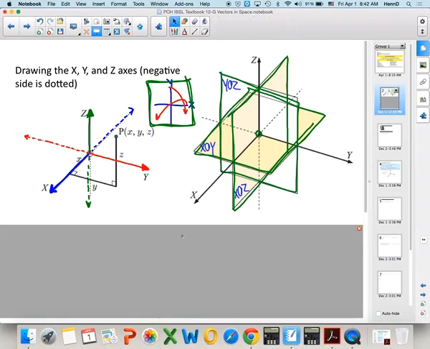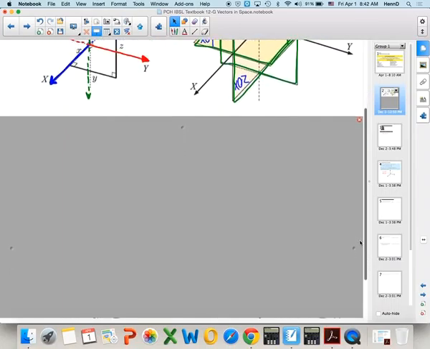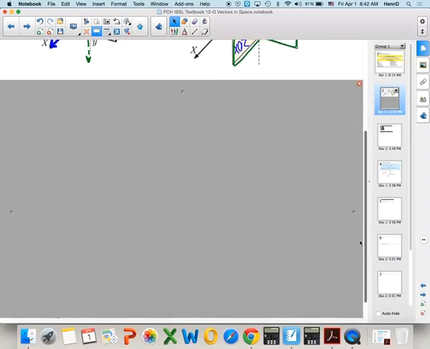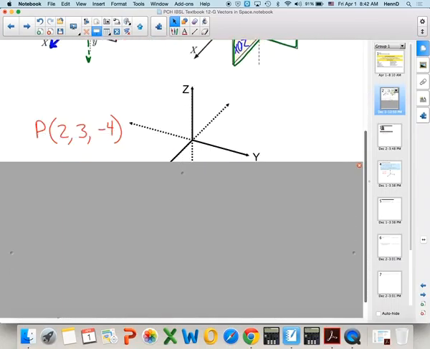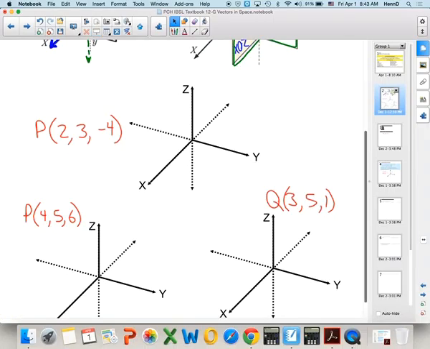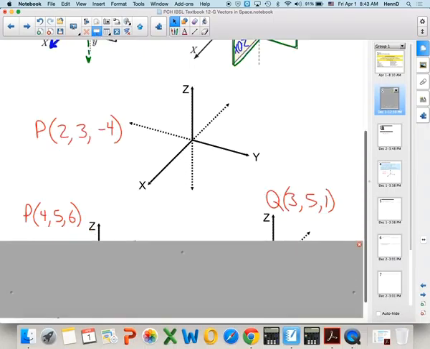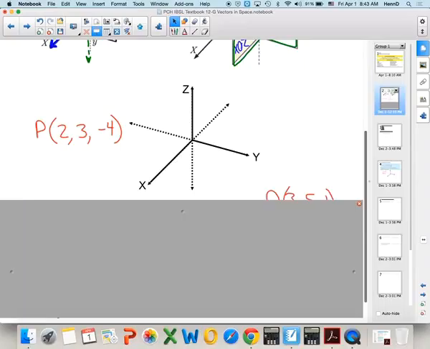So, let's look at graphing some of these and give you guys an opportunity to practice a couple, okay? All right, so, if I want to graph the point 2, 3, negative 4, here's my X, Y, and Z axis. Everyone just watch for this one.